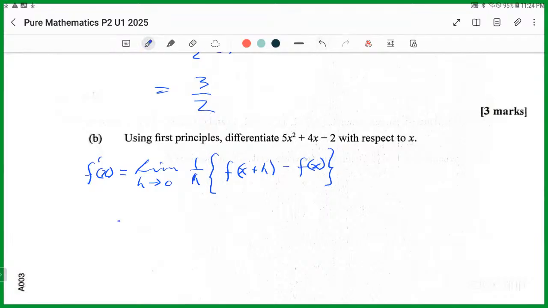All right, so let's do this now. This becomes equal to the limit as h tends to 0 of 1 over h into f of x plus h, where we put in x plus h where those x's are. So we're going to get 5 times x plus h squared plus 4 times x plus h minus 2.